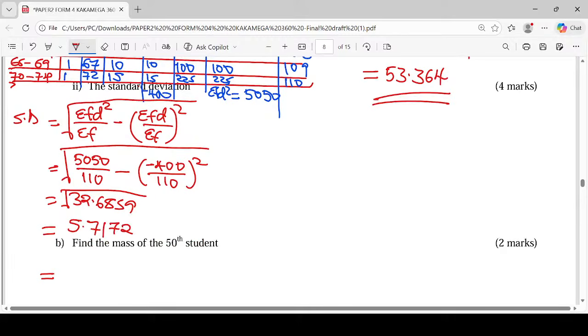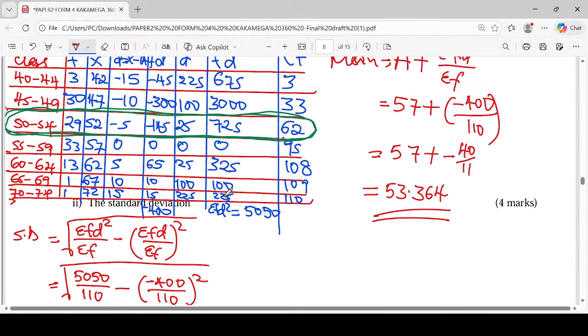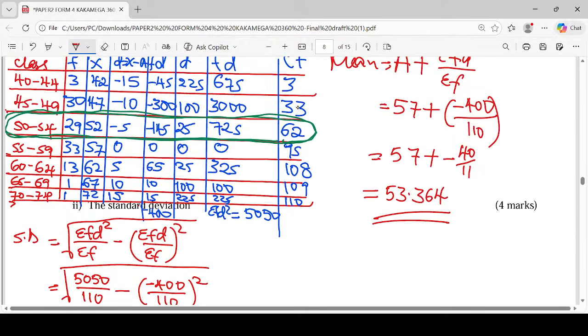So we are going to have here L, that is 49.5 plus. Now here I want you to be very keen. We are not going to say n over 2, the way you are used to. But now because we know it is the 50th student, we are going to say 50 minus the previous cumulative frequency, or the cumulative frequency above that class, which in this case is 33.